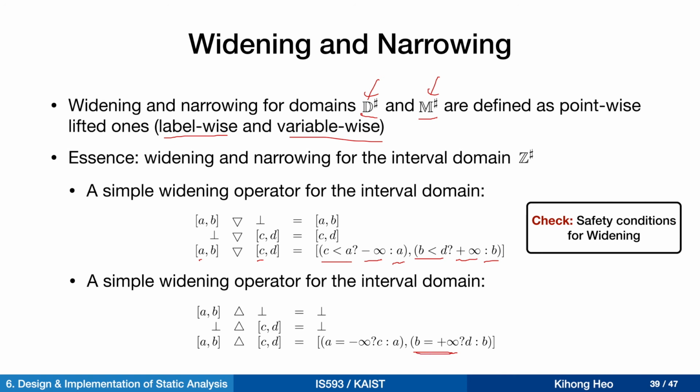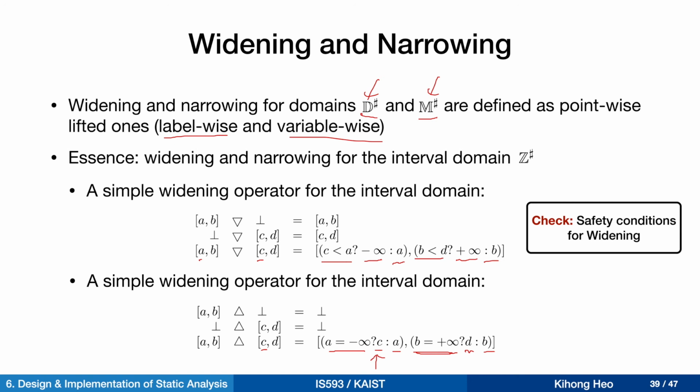If the old upper bound is infinity, then we use the new upper bound. Otherwise, we use the old one. The same principle is applied here for the lower bound. We only take care of a big jump from minus infinity to a finite number. So if the old lower bound is minus infinity, then we use the new lower bound. Otherwise, we use the old lower bound.